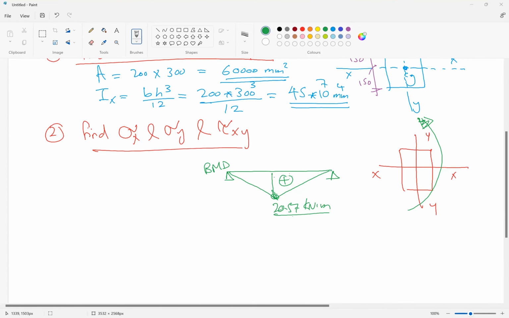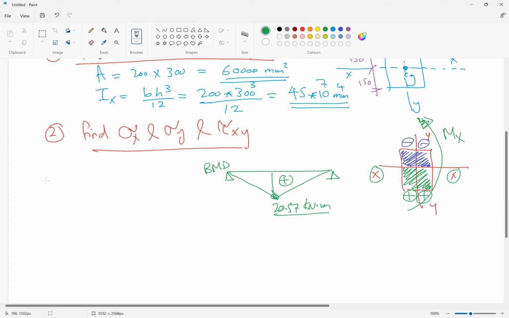And as we mentioned before, the moment is positive or below the datum. So the bottom fiber is under tension and the top fiber is under compression. So all this part, the green part, is under tension, and this purple part is under compression. And this moment is Mx, because it rotates about the x-axis.